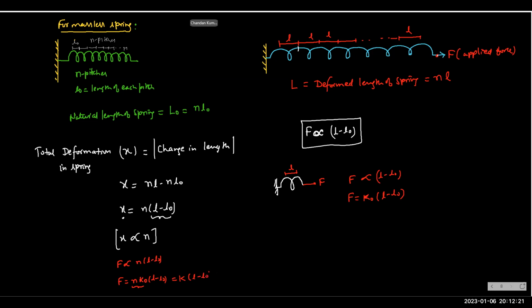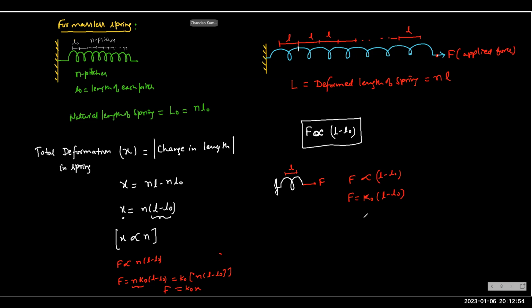Sorry, okay, my bad. This we can write as K naught N into, so we prefer to write this as K naught into X. So the deformation here itself is this much. We don't have X differently.